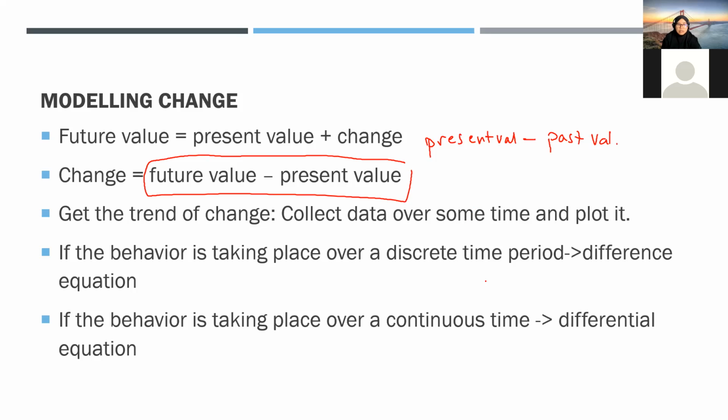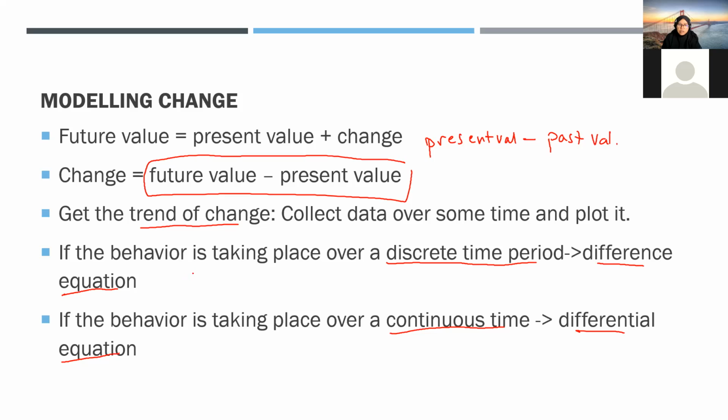Okay, and then get the trend of that change. Collect the data over some time and then plot it. If the behavior is taking place over a discrete time period, you call it a difference equation. And if the behavior is taking place over a continuous time period, this is called a differential equation.